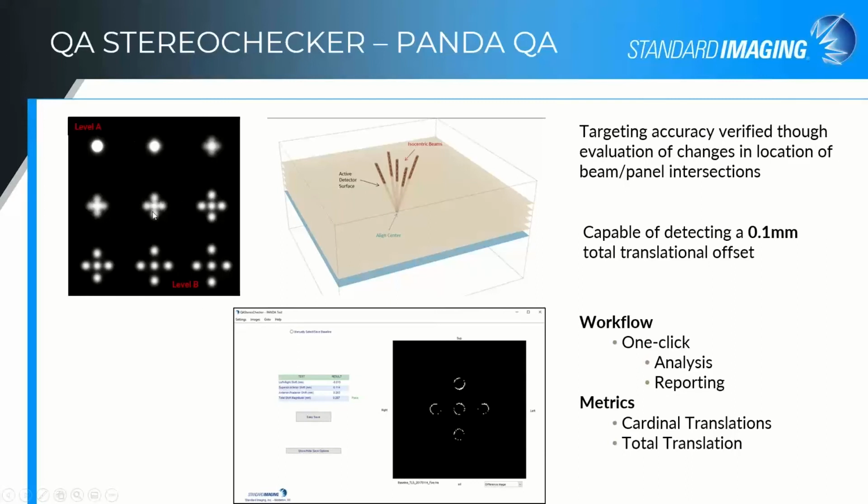And so if they're too close together, or if the position of your panel is off, you can tell based on the spacing or the relative size and shape of those beams. So this Panda test is capable of detecting 1/10 of a millimeter translational offset in your beam.